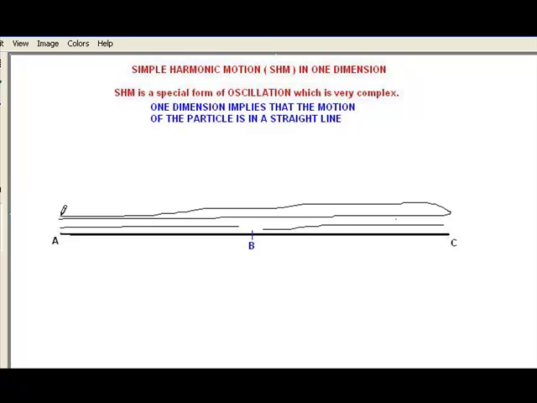What we observe is that this particle is not moving with uniform motion. That means its velocity is not constant as it moves from A to B and B to C and back to A. Now B is just an arbitrary point which divides this particular line of motion into two equal parts. That is very important, which is AB equals BC.